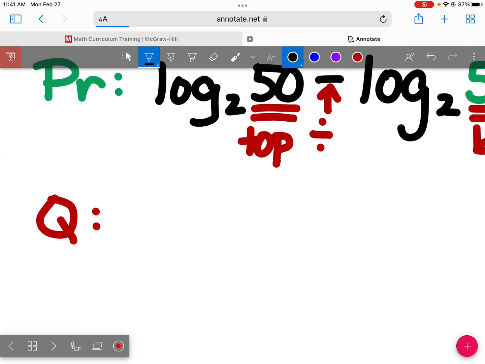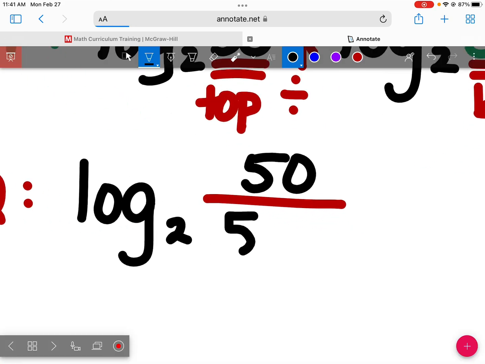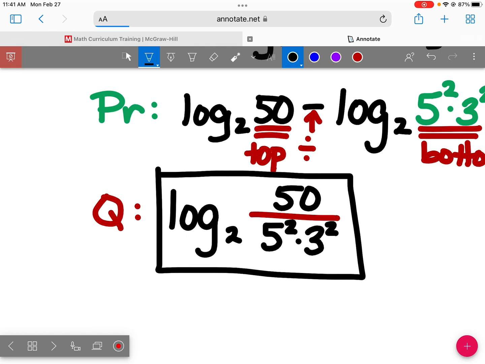So I would have log base 2, single log, fraction for my argument, 50 on top, 5 squared times 3 squared on bottom. If you leave your answer like this, it is fully and completely correct.